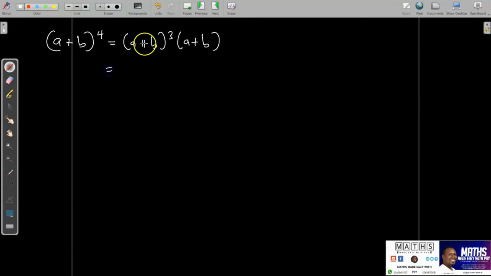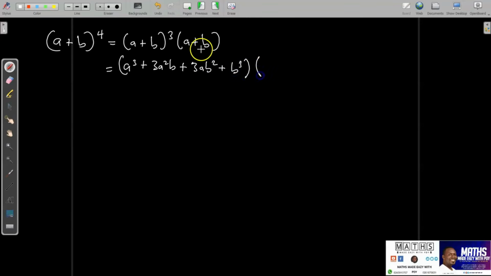So a plus b all to the power 3, we've learned that it gives us a cubed plus 3a squared b, plus 3ab squared, plus b cubed.